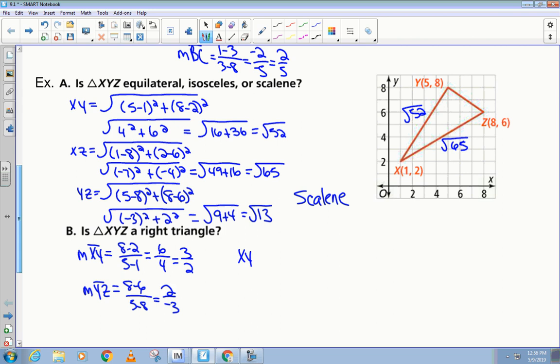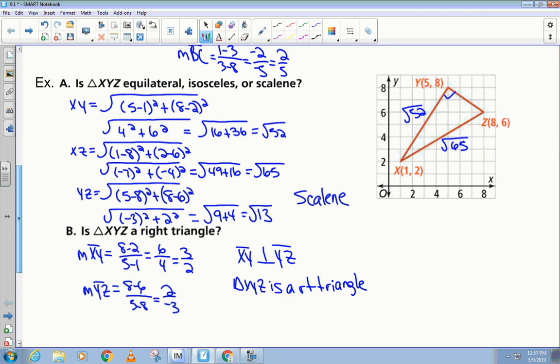So XY is perpendicular to YZ. And so that makes it a right triangle XYZ. There would be no reason really for me to look at the slope of the third one because you can only have one right angle, right? So my right angle is right here.